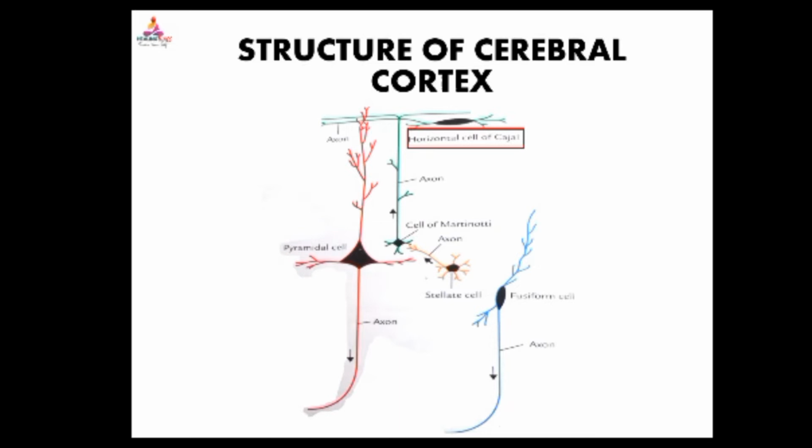They are found in the most superficial layer of the cortex. Next is the cells of Martinotti, which are small multipolar cells that are present throughout the layers of cerebral cortex.